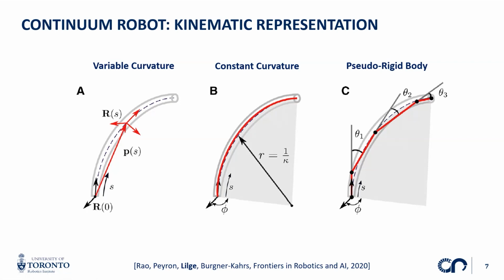So I always have some inaccuracies based on this representation. And that's why variable curvature is probably the most used one, just because it's the most general in terms of representing different curves in 3D space. So for the next couple of slides, I want to go into the math of this variable curvature kinematic framework, because it will be important later when we talk about state estimation.